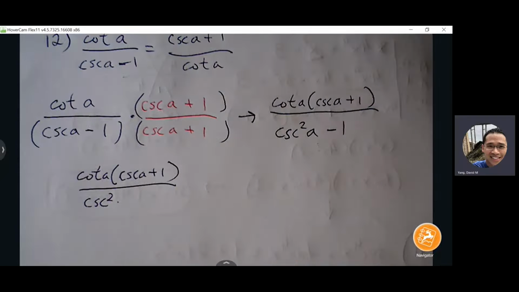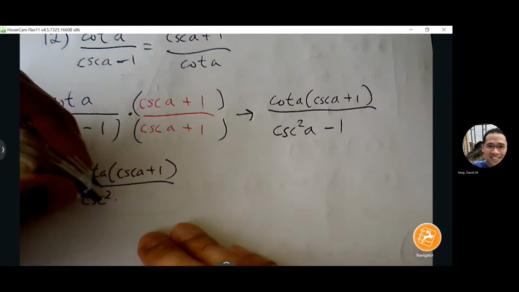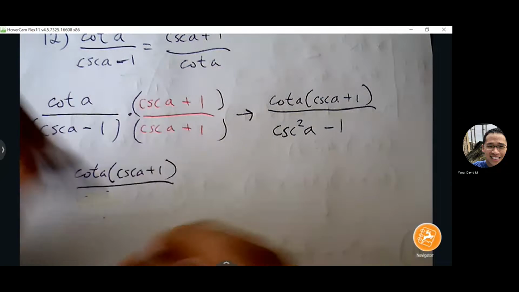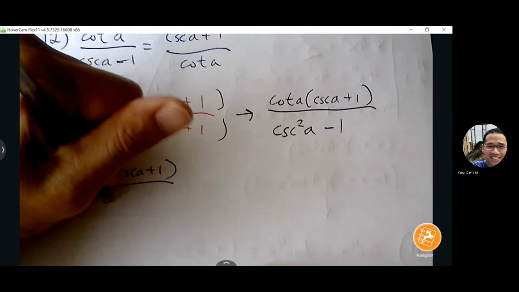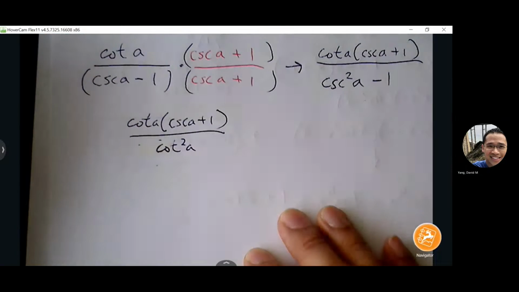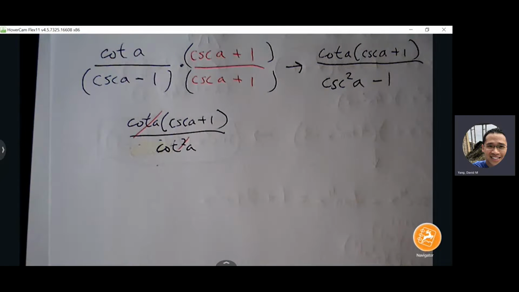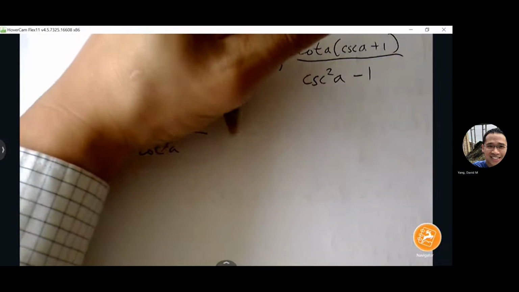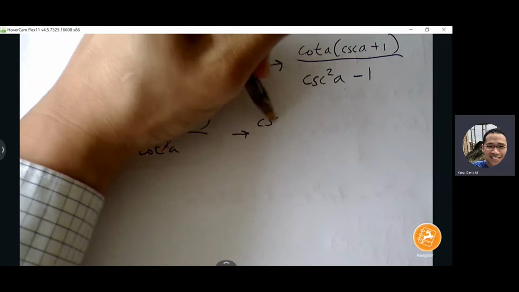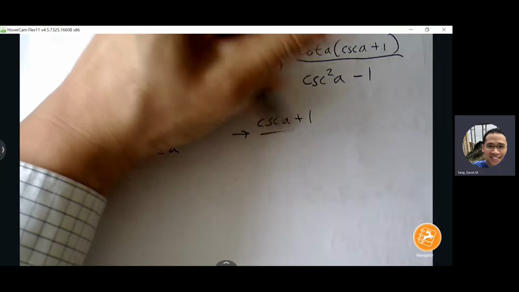Cotangent, there's 2 cotangents below, so I can take out one of them. Okay, so I should be able to match, and we should be done.